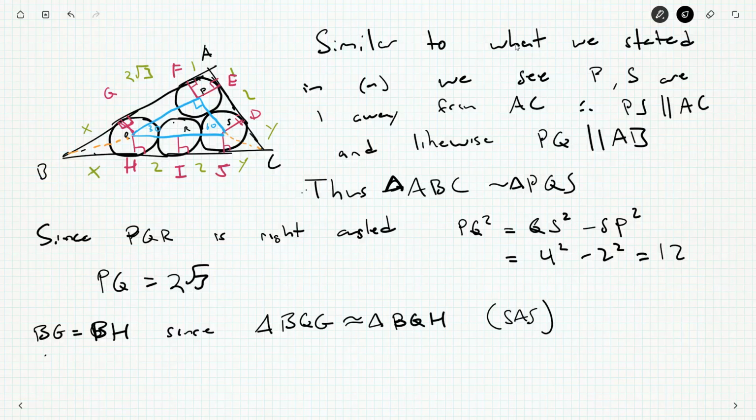Same, we know that CD is equal to CJ, since CSD is congruent to CSJ.